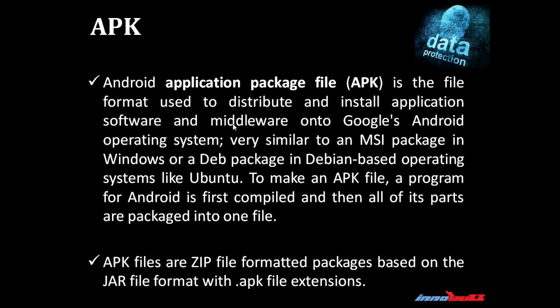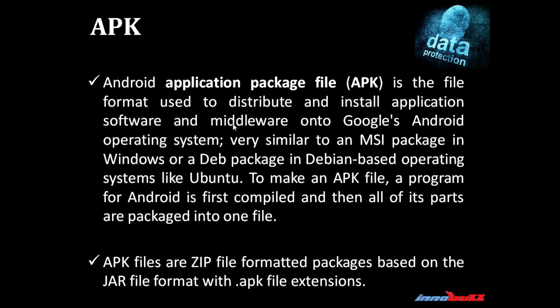What is meant by APK? APK is also known as Android Application Package File. It is the file format that is used for distributing and installing application software and middleware onto Google's Android operating system. Very similar to an MSI package in Windows or a deb package in Debian based operating systems such as Ubuntu.